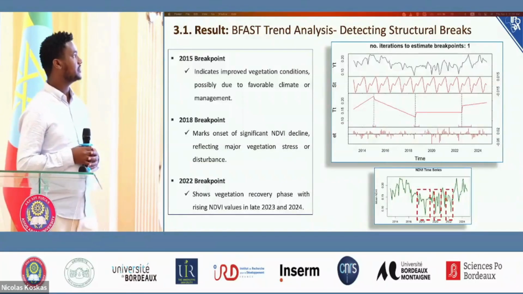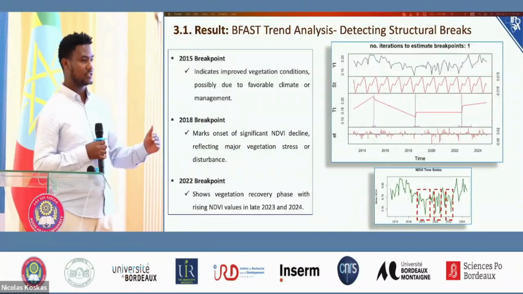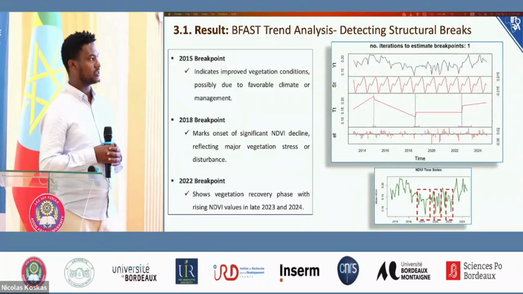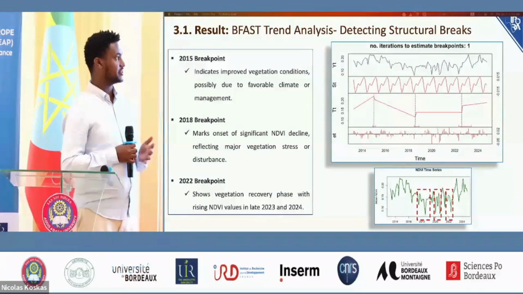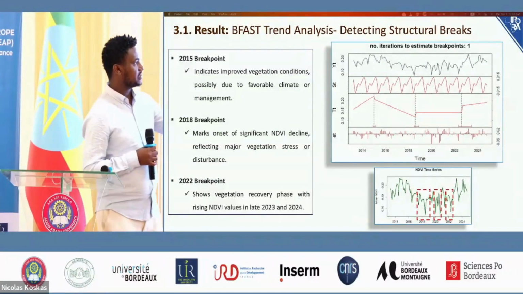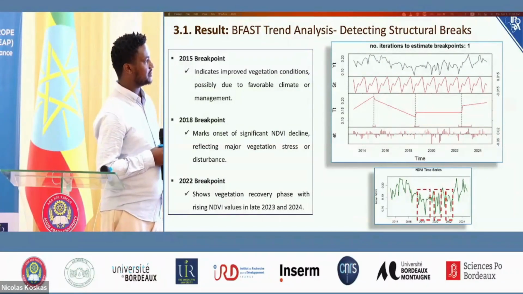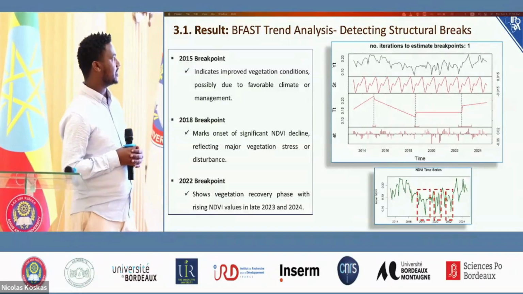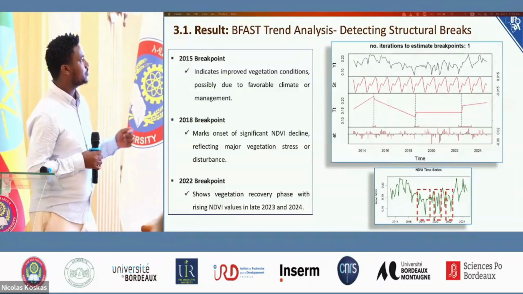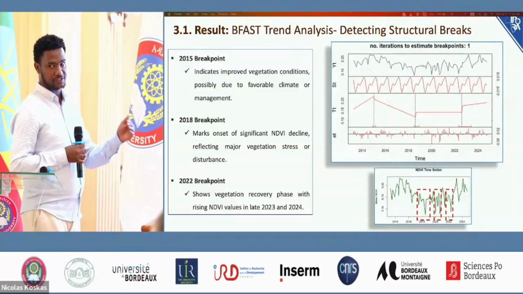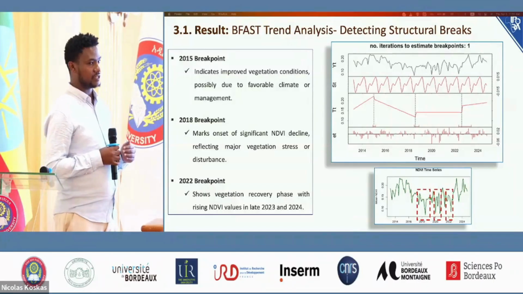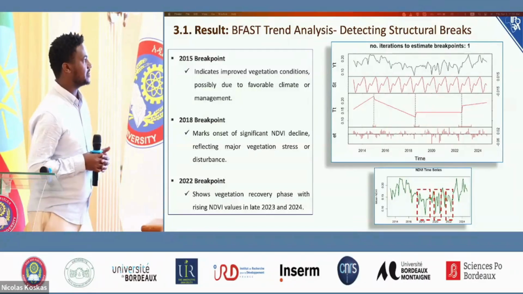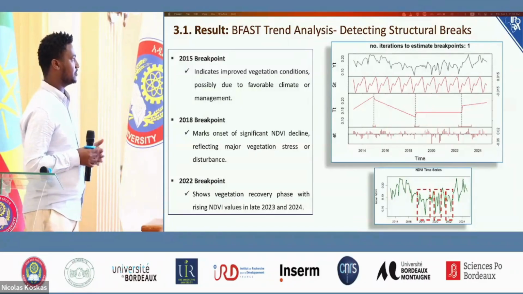Yeah. When you come to the first result, which is BFAST, which detects abrupt changes of the normalized difference vegetation index, we identify multiple vegetation abrupt changes. For example, in 2015, there is a breakpoint which shows improved vegetation condition in the area, which may be due to favorable climate conditions or high rainfall amounts.